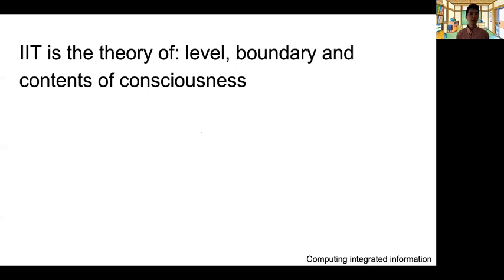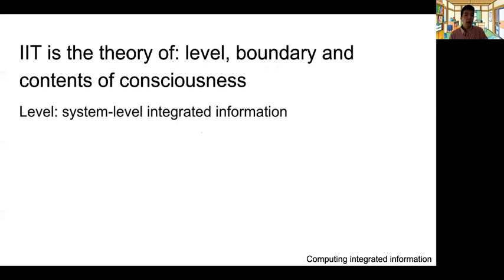And as I said last week, IIT is a theory of the levels, boundary and contents of consciousness, and you can think of it in this order. The level of consciousness is the system-level integrated information.